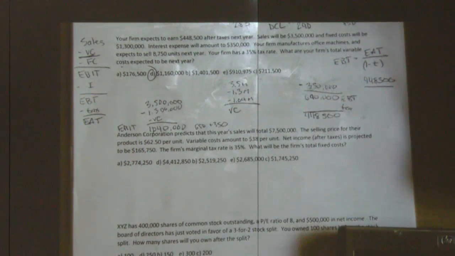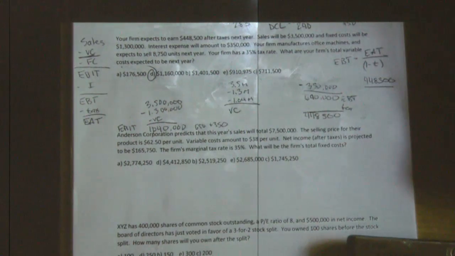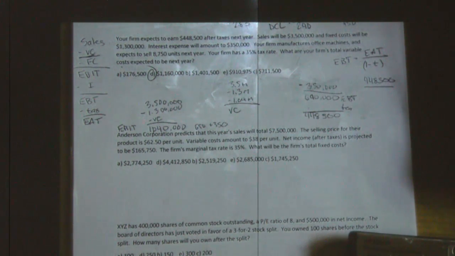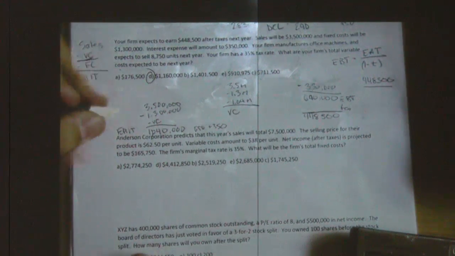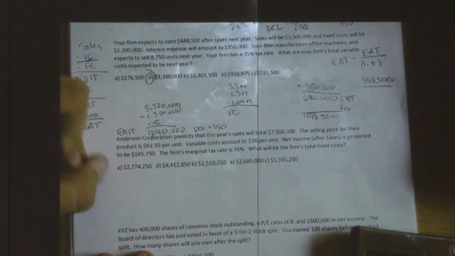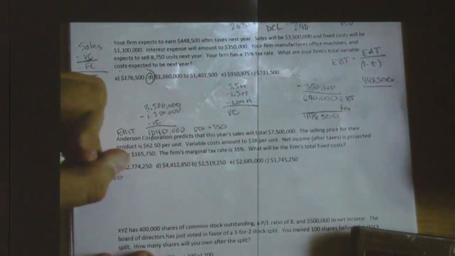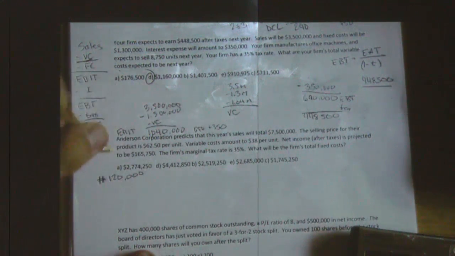I didn't write that number down, but I believe it's 7.5 mil divided by 62.50. So we end up with a number of units of 120,000. Now this is going to be useful later on.